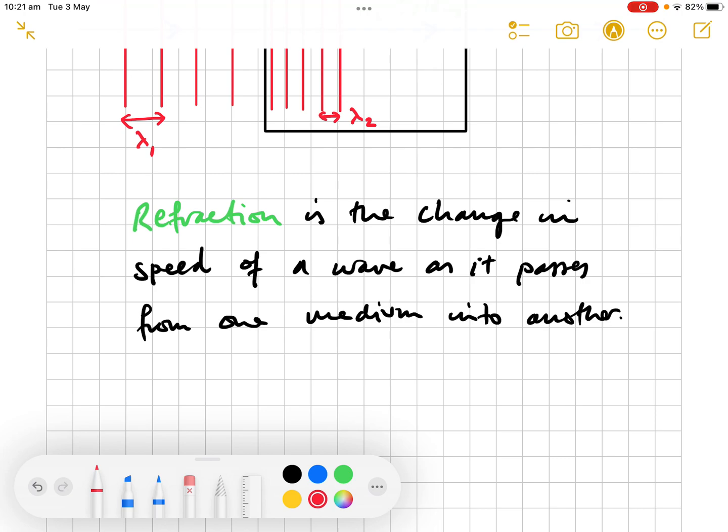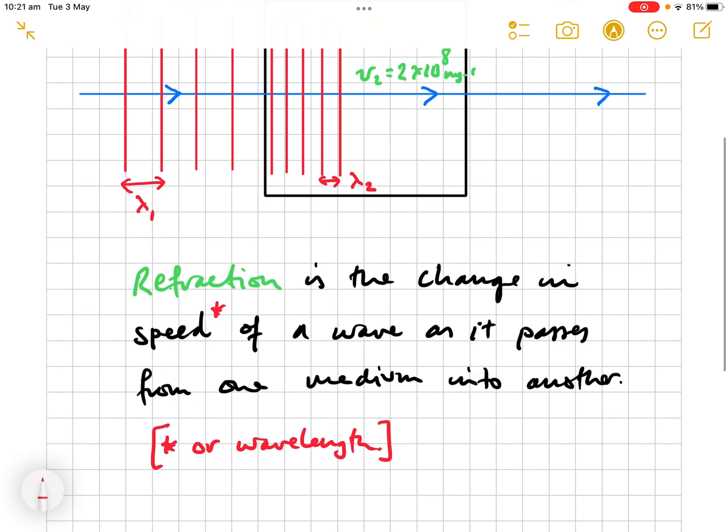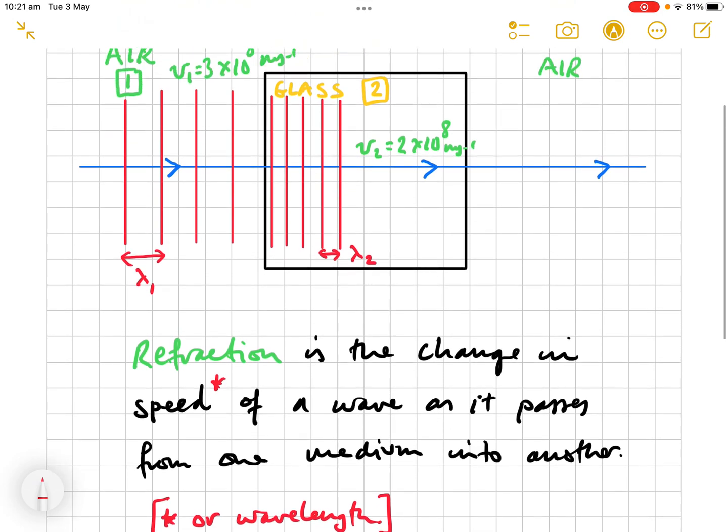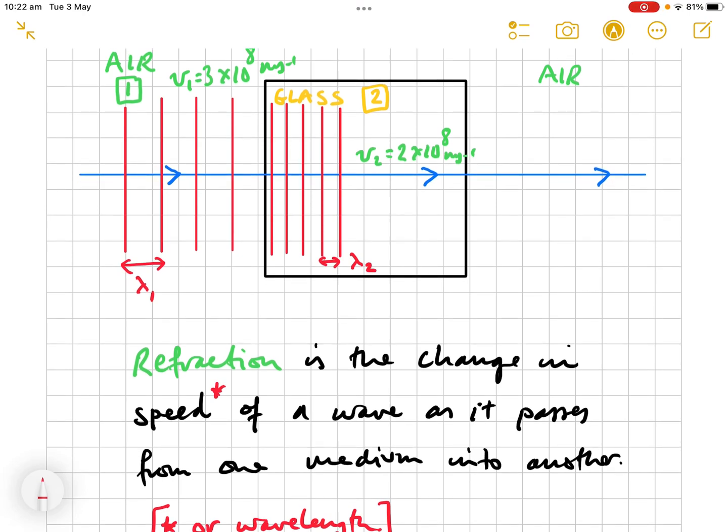Now, where you see speed, you could replace that with wavelength. Could be the change of wavelength, which goes along with the change in speed. This applies to all waves, not just light waves, although we'll tend in this section to concentrate on light waves.